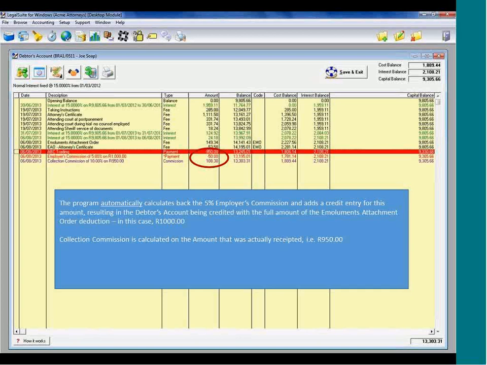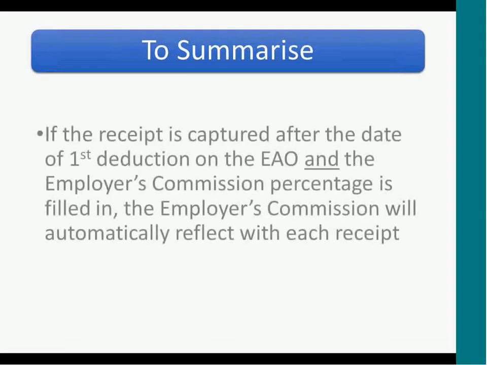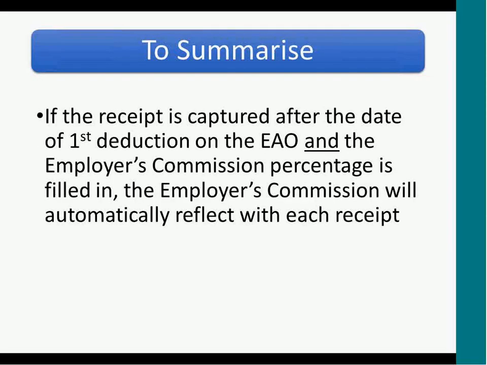So just to summarize, if the receipt is captured after the date of first deduction on the emoluments attachment order and the employer's commission percentage is filled in, the employer's commission will automatically reflect with each receipt in your debtors account. The debtor's account is credited with the full amount deducted from his salary.